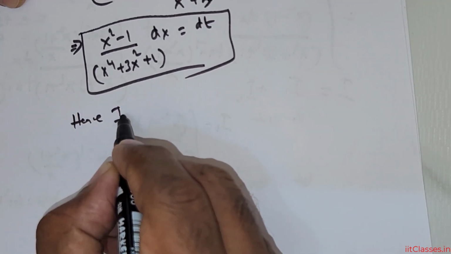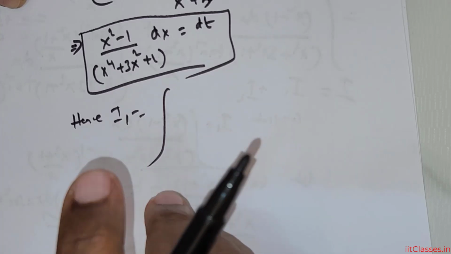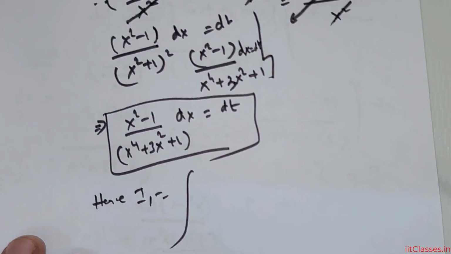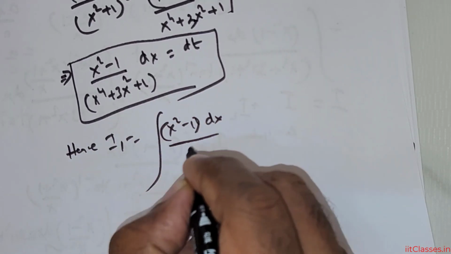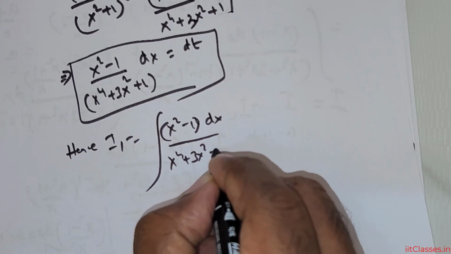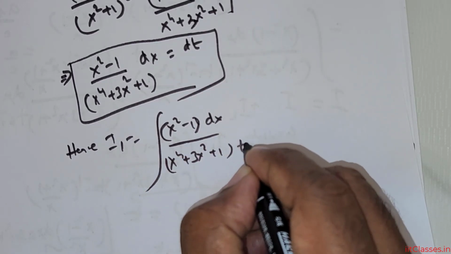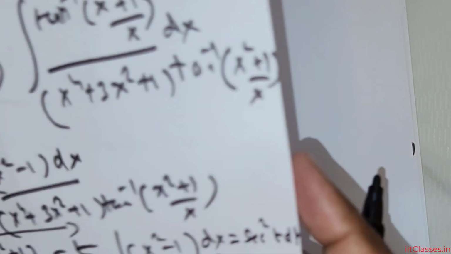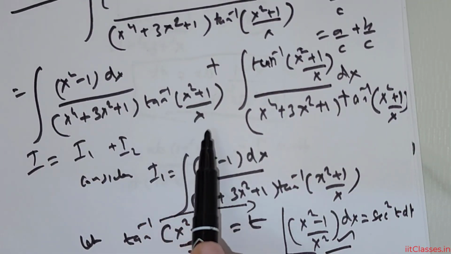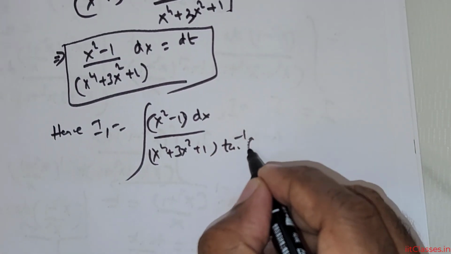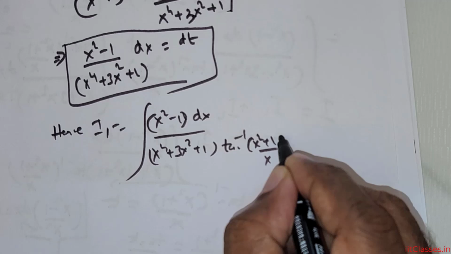So hence I1 is equal to the integral of (x² − 1) times the dx divided by (x⁴ + 3x² + 1), that is one component, times tan inverse of (x² + 1)/x.